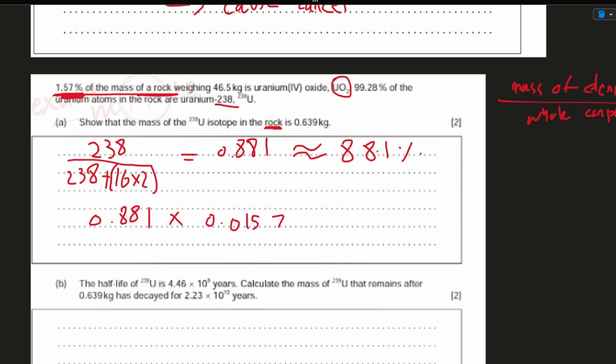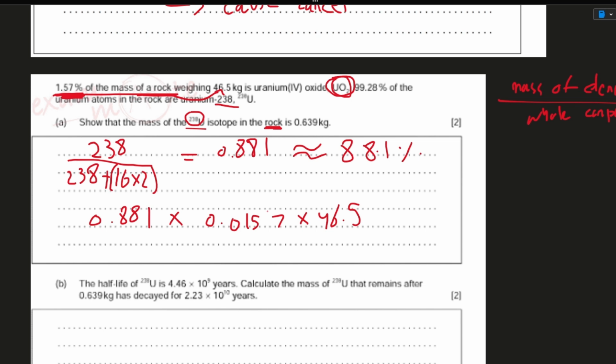So now that we have the mass of the uranium, which is 88%, multiplied by the mass of this compound in the rock, which is 1.57%, and then we multiply that with the mass of the rock, because that's the total value of the whole thing.